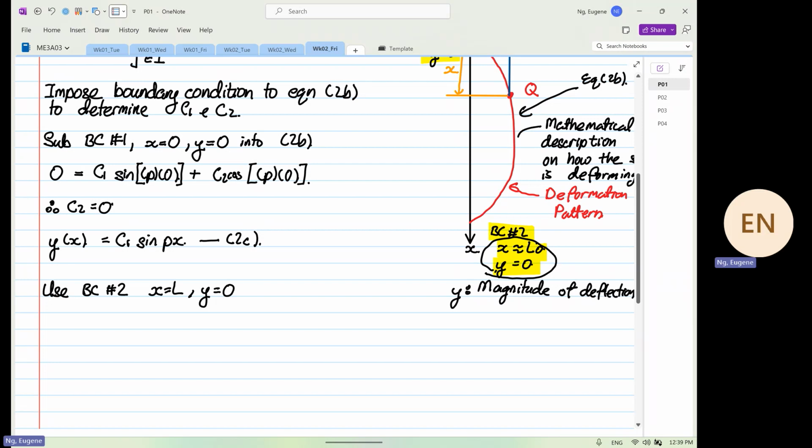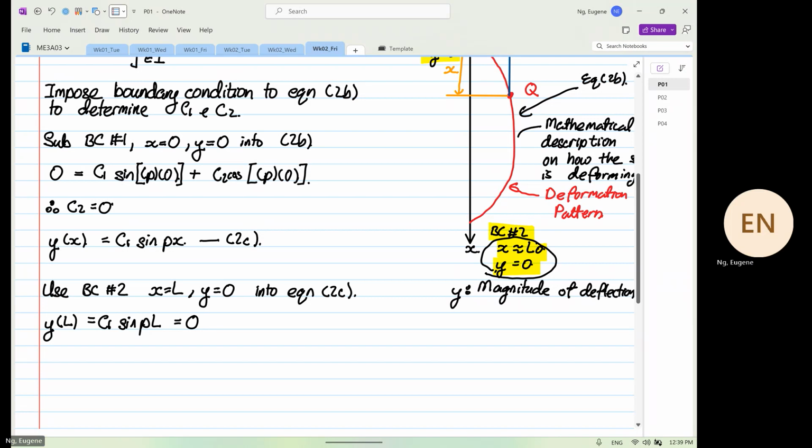And then we are going to put this into equation 2c. So when we substitute this into equation 2c, y, now our distance, this is L. So this is equal to C1 sine pL. And in this case, we know that this is equal to 0.